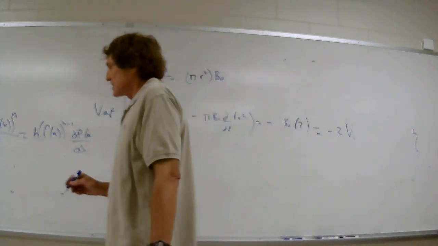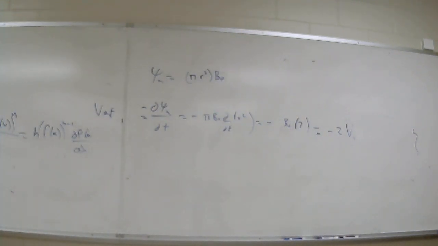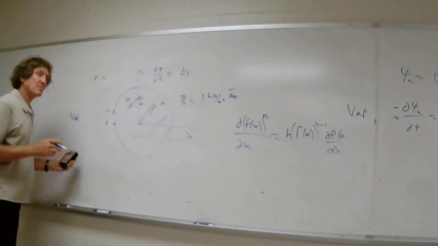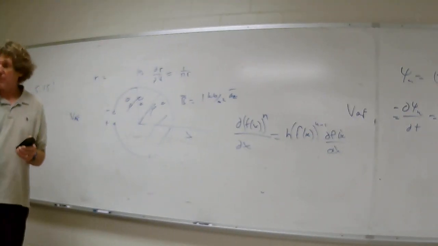You'll notice this voltage, VEMF, is negative, minus 2 volts. Does everybody follow me on how I got this? So I'm going to switch the polarities. It's going to be negative to plus across the gap. I want to do it this way so you don't get confused. That would be the voltage that would be developed. Does everybody follow me? Yes.